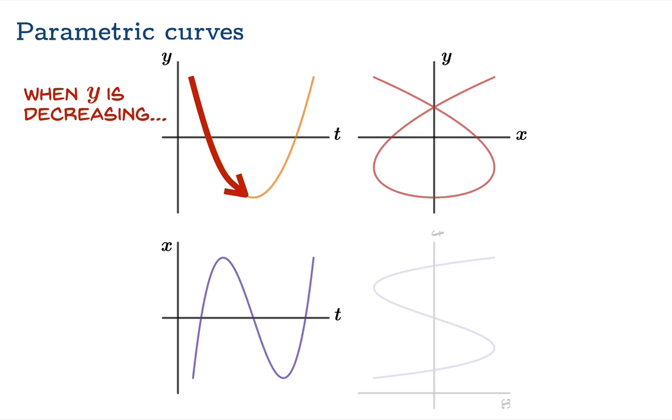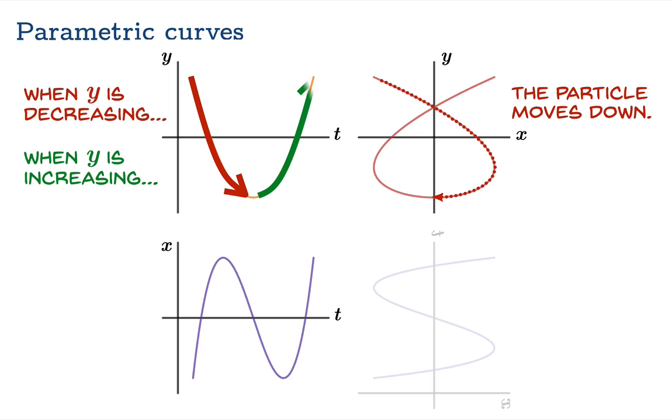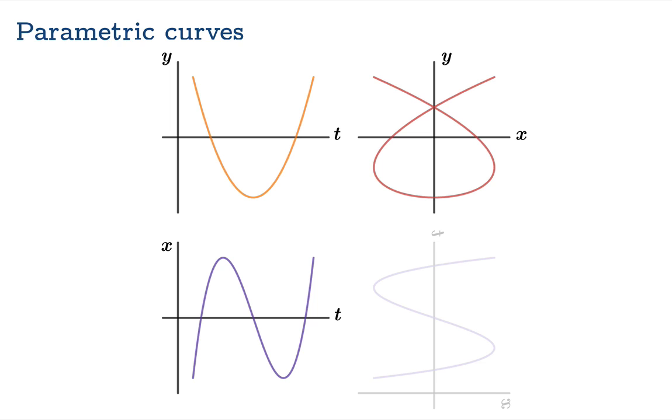So for example, if you can see that the y function is decreasing as a function of t, then for those same times you know that the parametric curve is moving down. And of course, if y is increasing, then you know that the particle is moving upwards in the parametric curve.